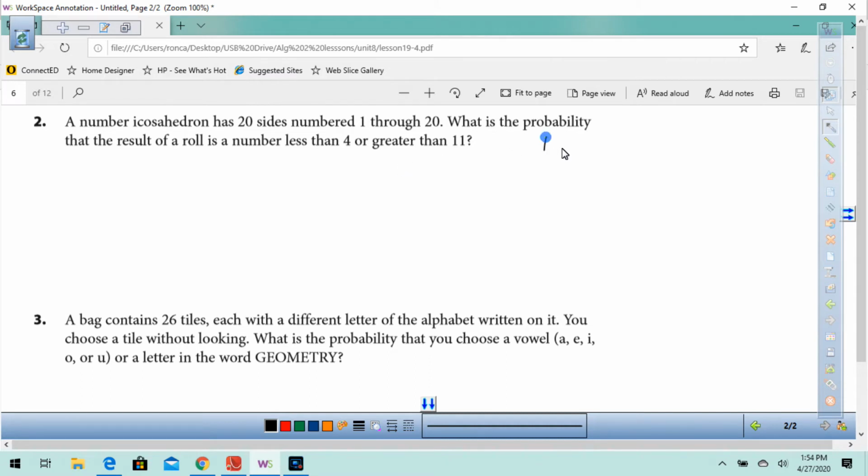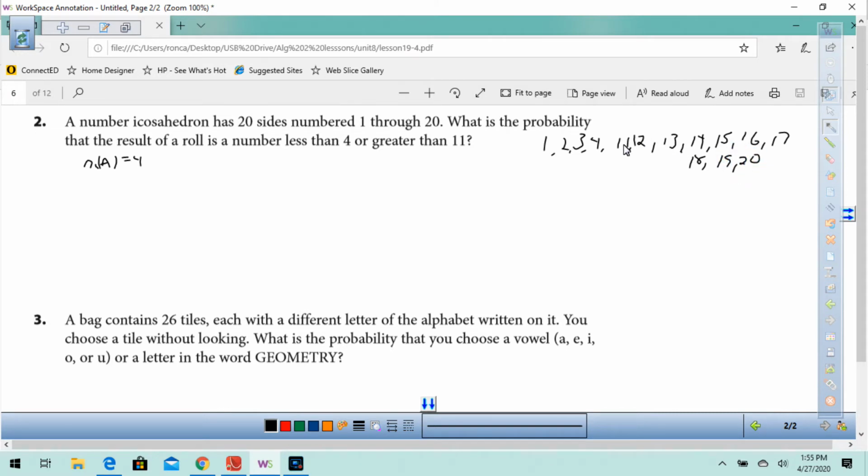Well, let's see, 1, 2, 3, 4, and then 11, 12, so we'll say the number of A is 4, 11, 12, 13, 14, 15, 16, 17, 18, 19, and 20.